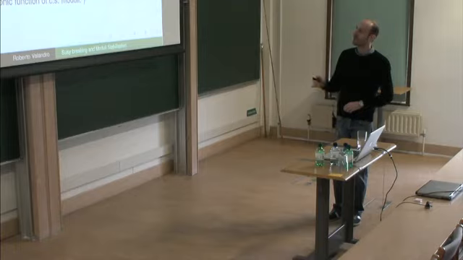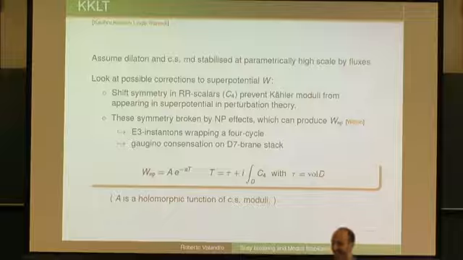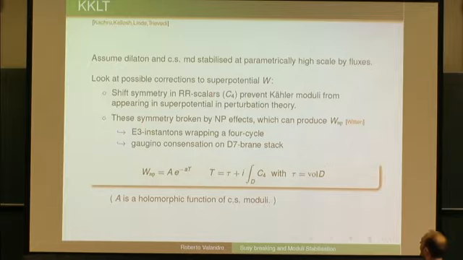Okay, KKLT. It is Kachru, Kallosh, Linde, and Trivedi. So this starts by assuming that the dilaton and complex structure moduli are stabilized at parametrically large scales. So then at lower energies, we are just left with this flat direction, and let's see what happens at these energies.